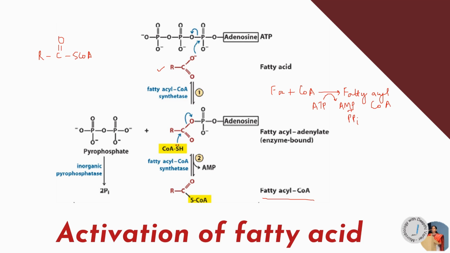This is a very important thing, because we need to keep this step in mind when we are calculating the net yield. Now in this reaction we have the CoA getting in, we have the ATP getting converted into AMP, that is adenosine monophosphate, and the inorganic pyrophosphate, and we finally get our product, that is fatty acyl-CoA, which is now the activated form. And like I said, this is being catalyzed by the enzyme acyl-CoA synthetase.